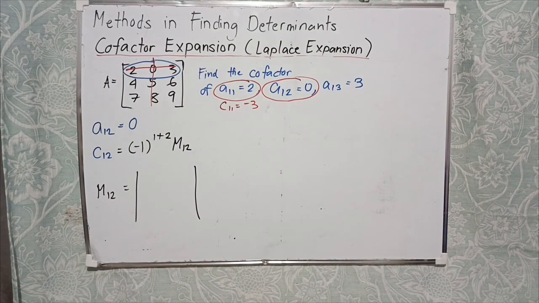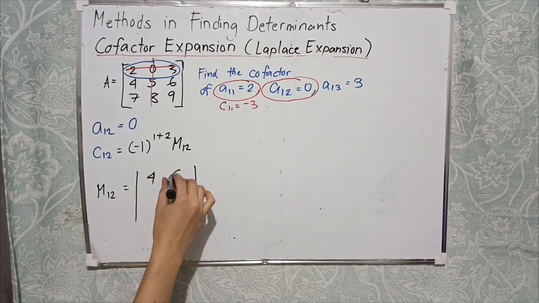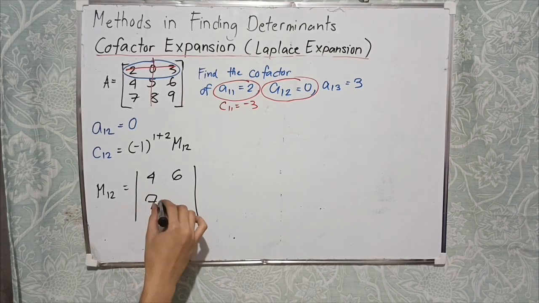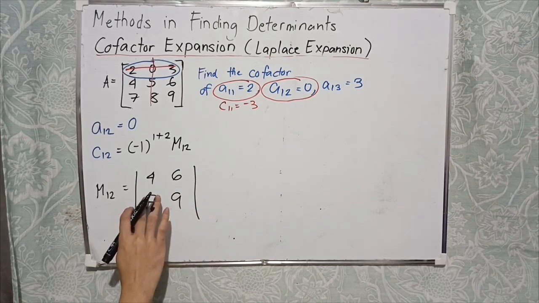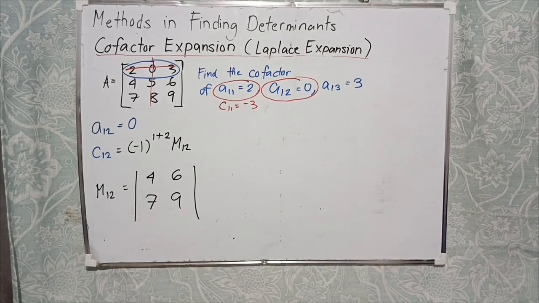So our remaining elements will be 4, 6, 7, and 9.